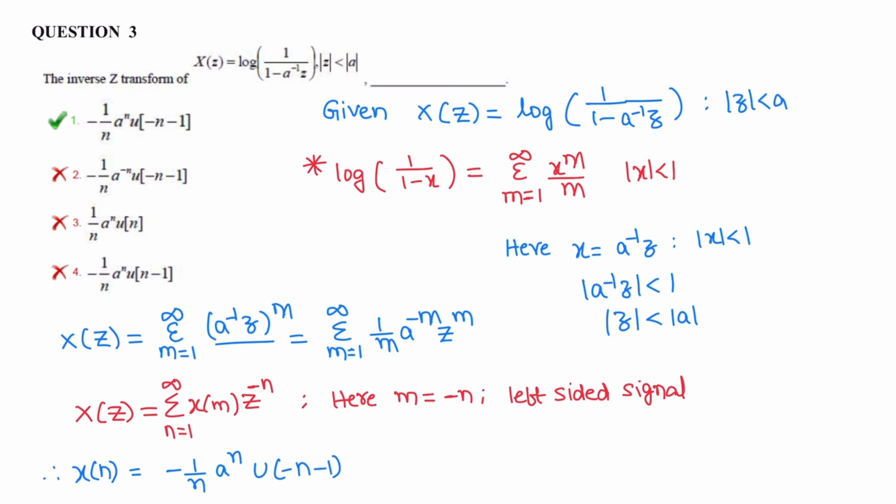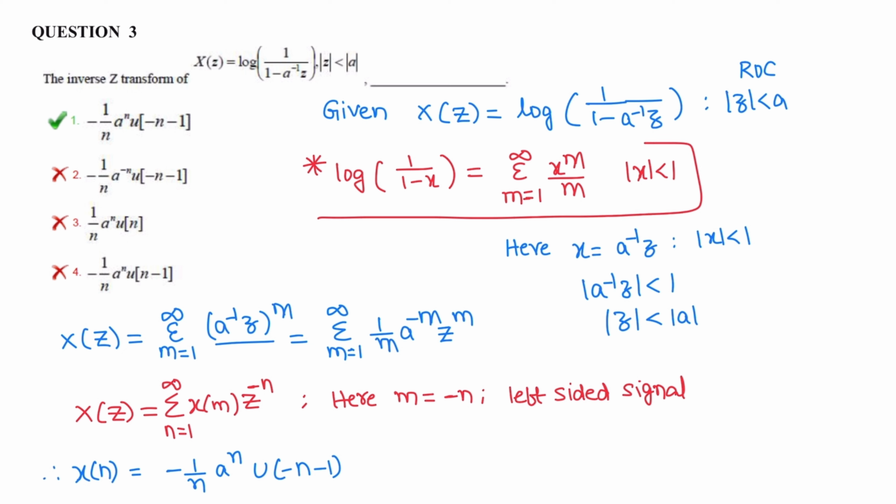Next question. The inverse Z transform of the function X of z is equal to log of 1 by 1 minus a inverse z, and the region of convergence given is mod z less than a. We know that log of 1 by 1 minus x is equal to sigma m is equal to 1 to infinity x power m by m, mod x less than 1.